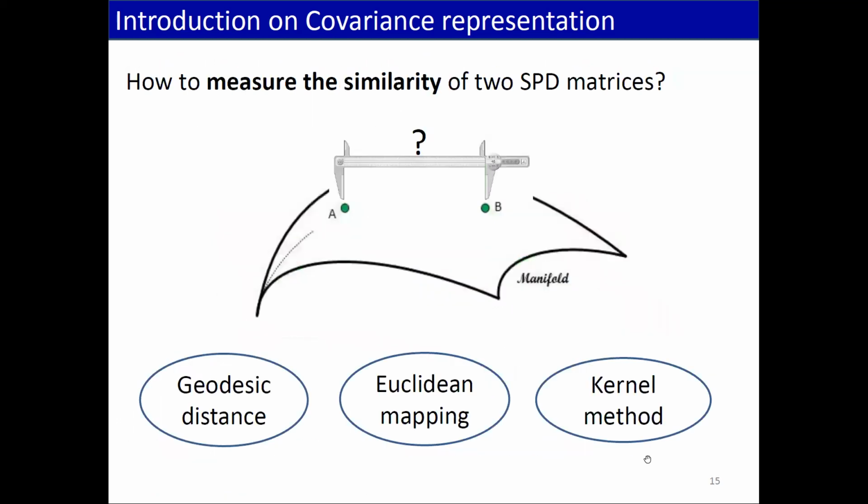So at the beginning of the research on covariance matrix-based image representation, how to measure the similarity of two SPD matrices, to decide the similarity of two images, was one of the key topics. In the literature, we have seen the geodesic distance method, the Euclidean mapping method, or the kernel method.